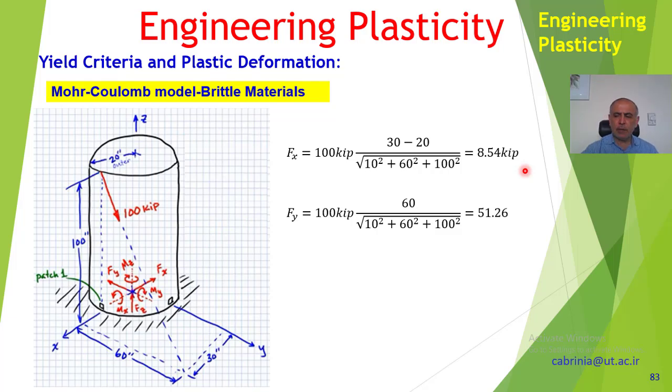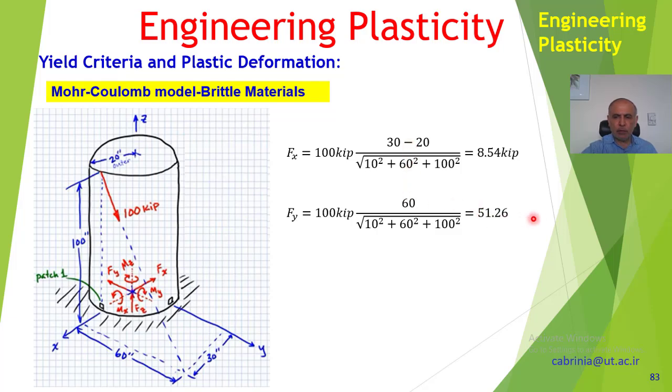Fy, similarly, is L, that's L, that's M, 100 times cos beta, that's 51.26. You can work this out, for instance, that is 60 over this, because that's the line. So every time we want to find the direction cosine, we must use the relative length, which is in the y direction, and that's in the x direction.